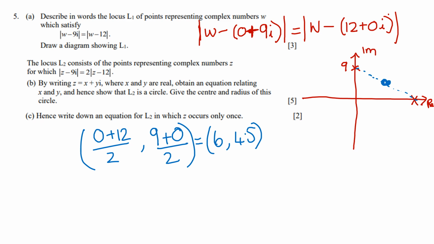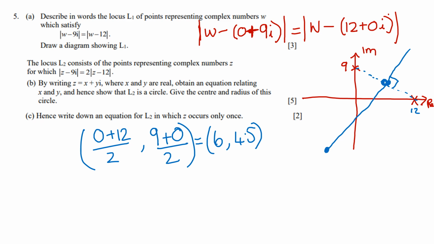Now, it could also be anywhere on this perpendicular bisector. W could be anywhere on that line, because anywhere on that line is the same distance from the 9i and the 12.